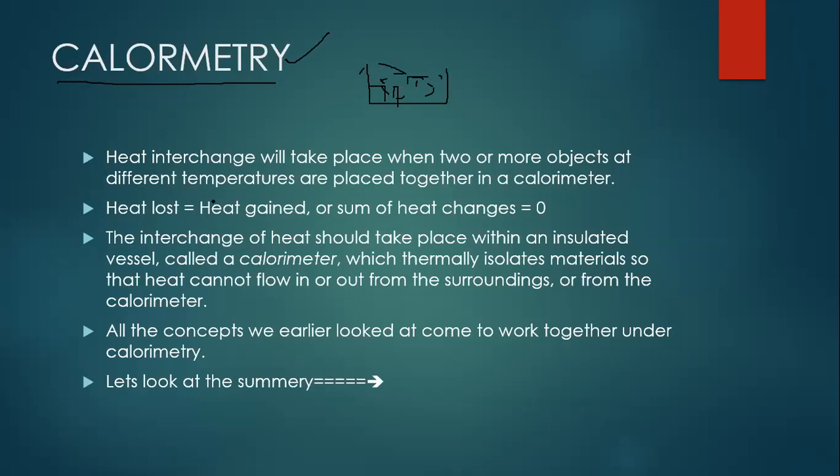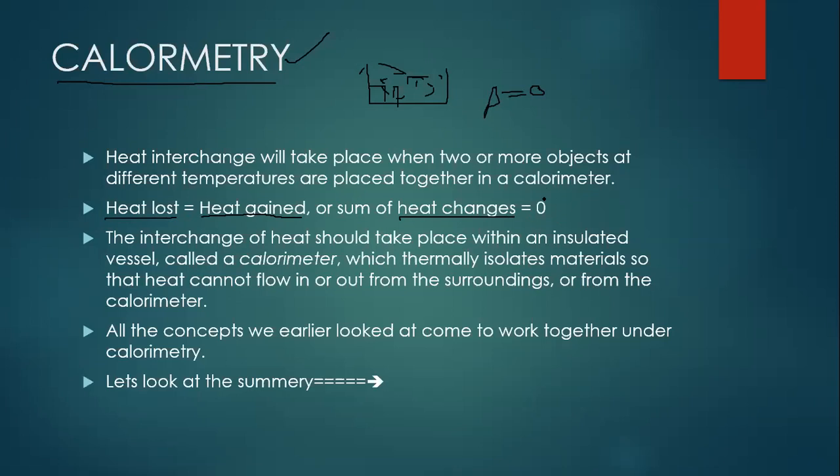The equation that we work with under the concept of calorimetry is heat lost equals heat gained. So change in heat at the end of the day is equal to 0. When we sum the heat that has been gained and the heat that has been lost, it gives us 0 because we are not adding heat.